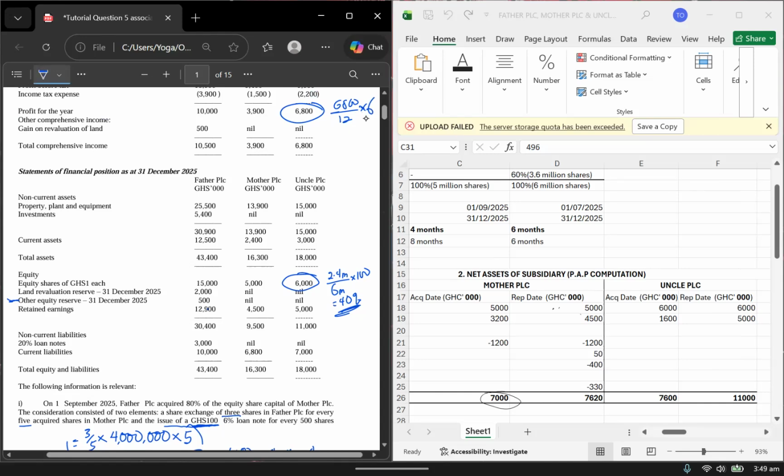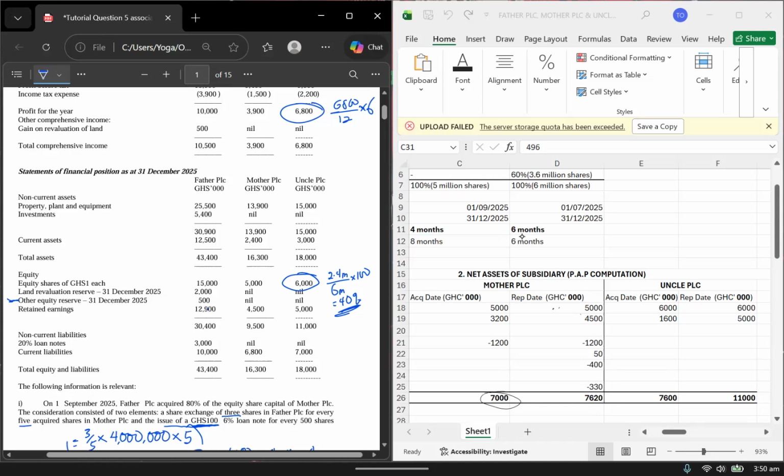Let me calculate it. 6,800 divided by 2 is 3,400. It means that 3,400 relates to the post-acquisition period, and 3,400 relates to the pre-acquisition period.